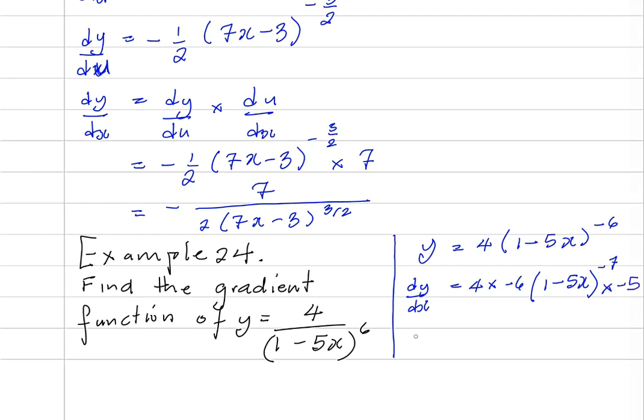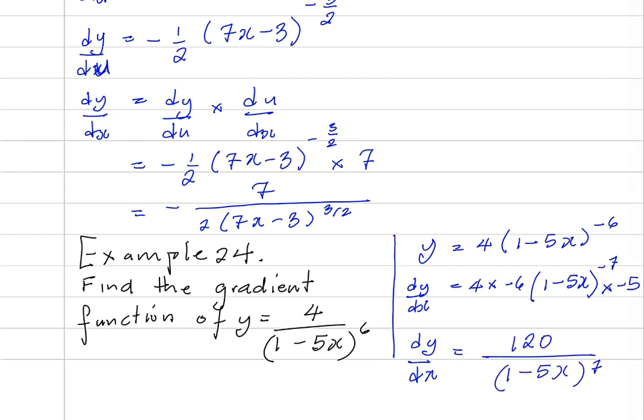So dy by dx, which is the gradient function, is equal to minus 24 times minus 5, that is positive 120. So this is 120 over 1 minus 5x to the power 7.